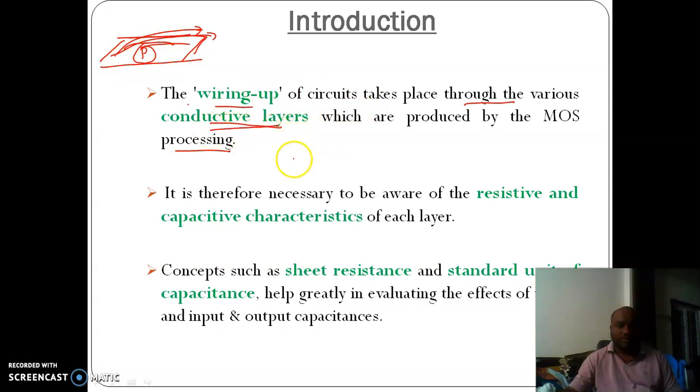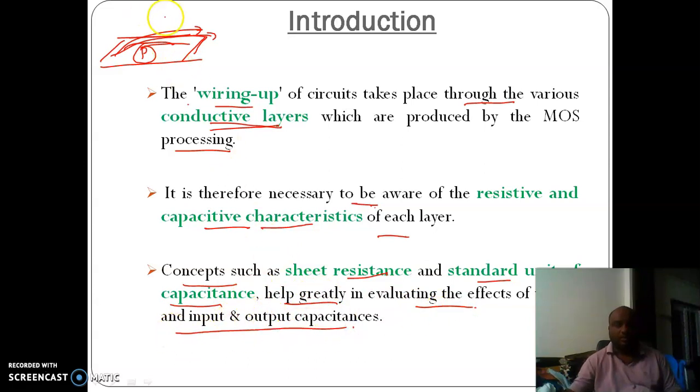In order to evaluate the resistive and capacitive characteristics of those layers, we need to be aware of this concept. Concepts such as sheet resistance and standard unit of capacitance help greatly in evaluating the effects of wiring and input and output capacitance in such scenarios.